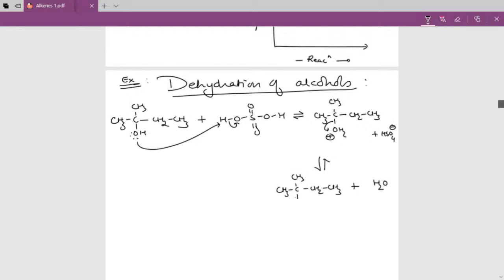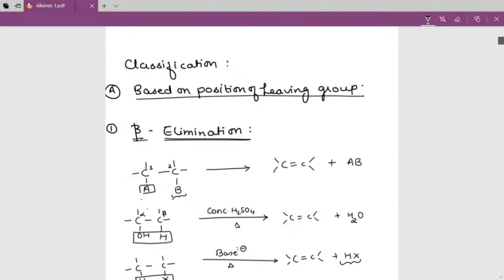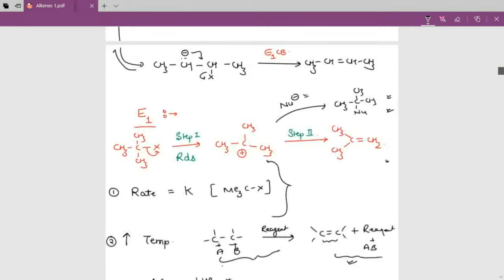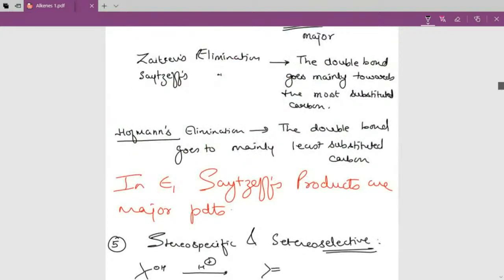carbocation. Here there is no rearrangement, but if there is any possibility of rearrangement, as we have a free carbocation, certainly it will be observed.